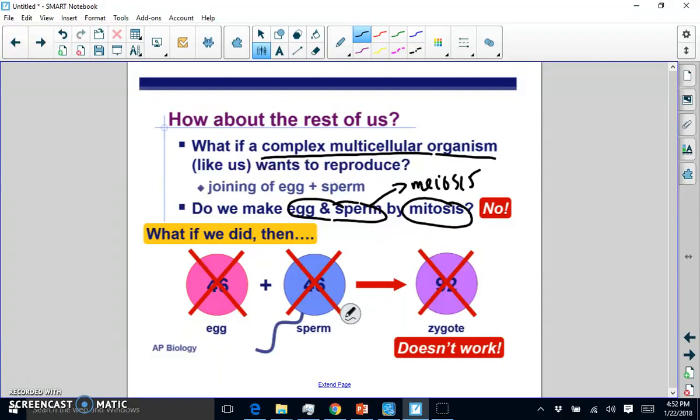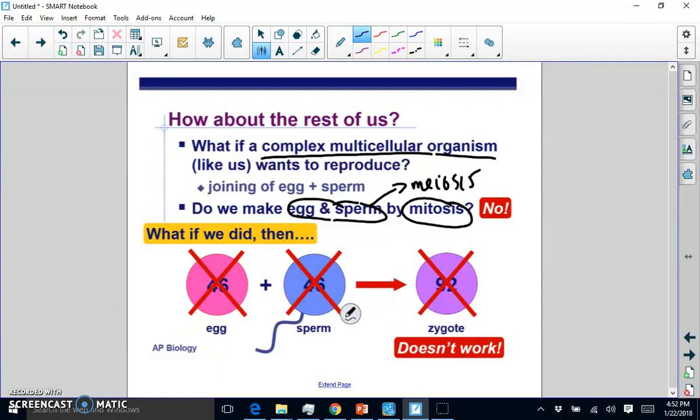Well, let's talk about it. If you didn't know, human body cells, like the cells of your skin, your brain, and your liver, have 46 chromosomes. When the cells of your skin divide by mitosis, they produce another genetically identical cell that has 46 chromosomes.